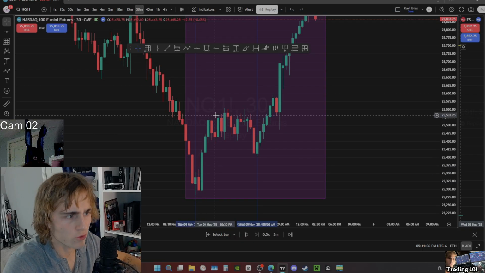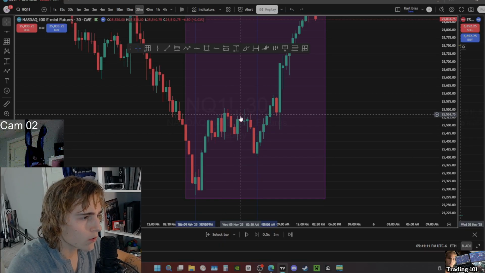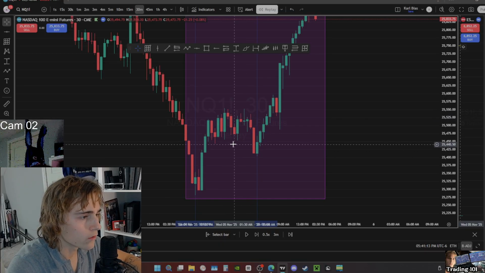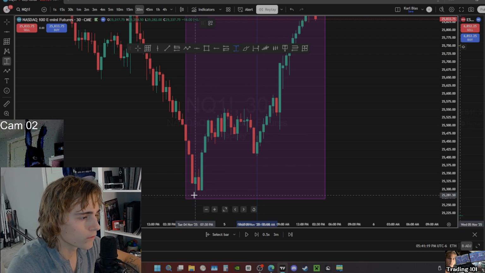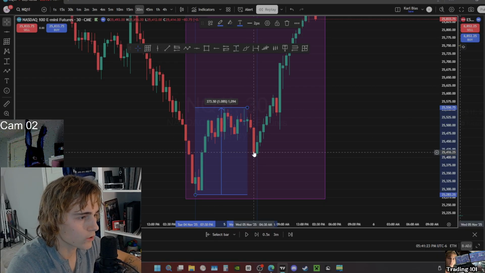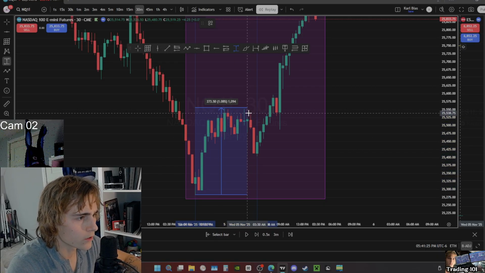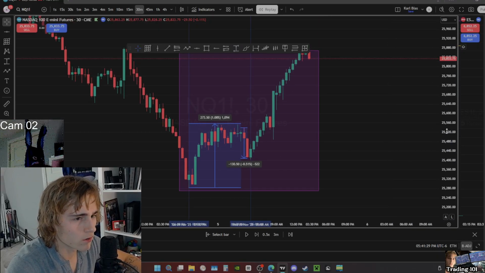So yes, we have an uptrend right there, but we then break to the downside right here. Okay, so the only uptrend from right here is until this point, because we break structure to a different trend right here. And then of course, where does it start?